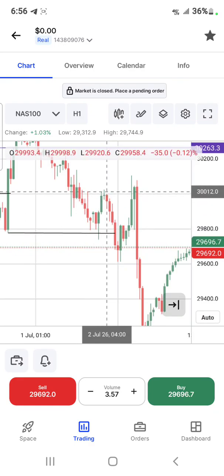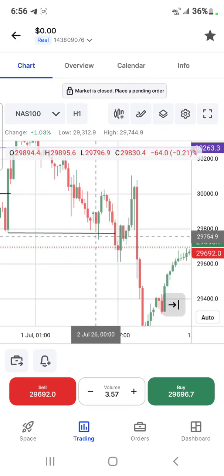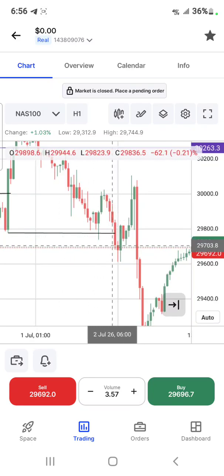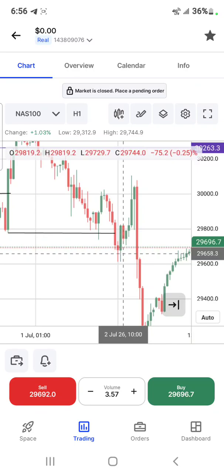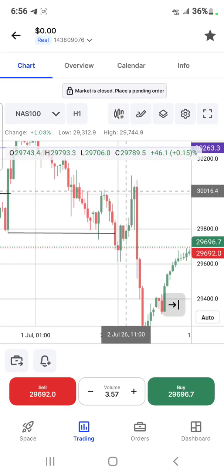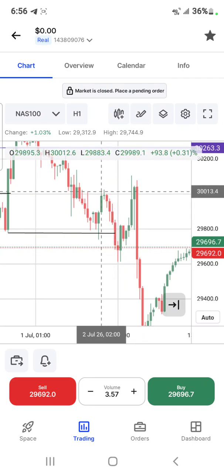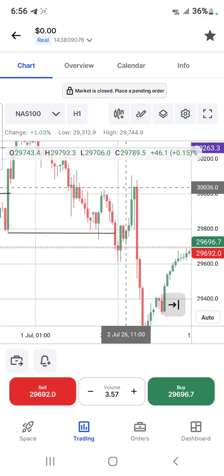Then market dropped and took out this low. Then after market took this low, price pushed up and took liquidity above this particular high here.